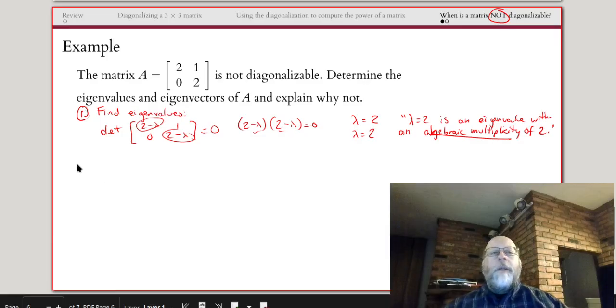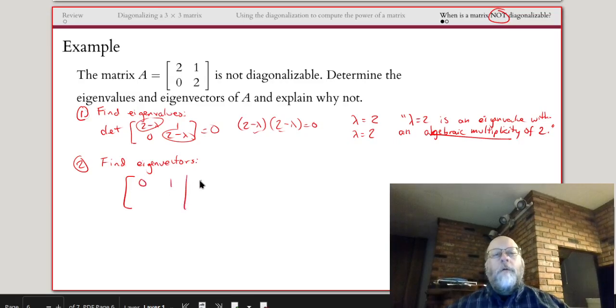And that means when we go to find the eigenvectors, we only have one homogeneous equation to solve. 2 minus 2 is 0. 2 minus 2 is 0. And this is somewhat unusual. The free column is over here. We have a leading entry in this column.